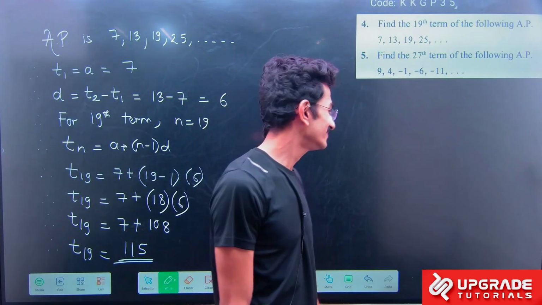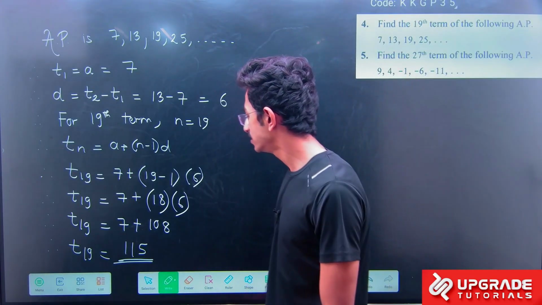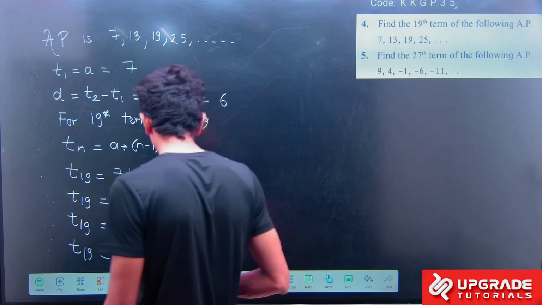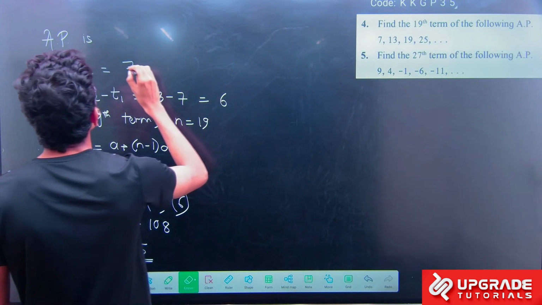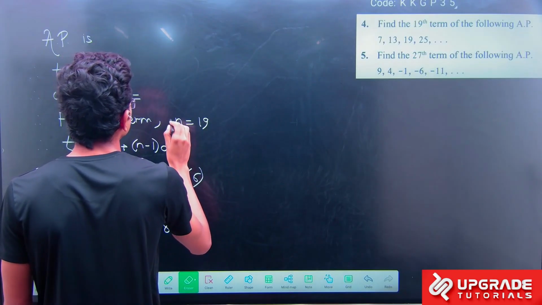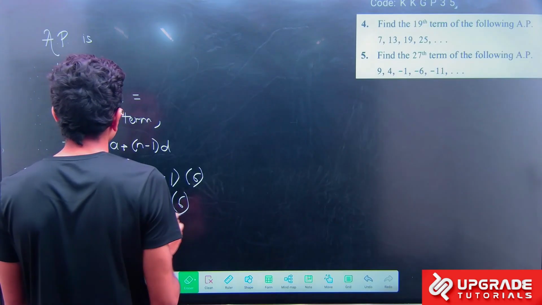Easy? Yes. Similarly is the question number 5. I will just erase the numbers and keep the solution as it is. Here you have to find the 27th term.